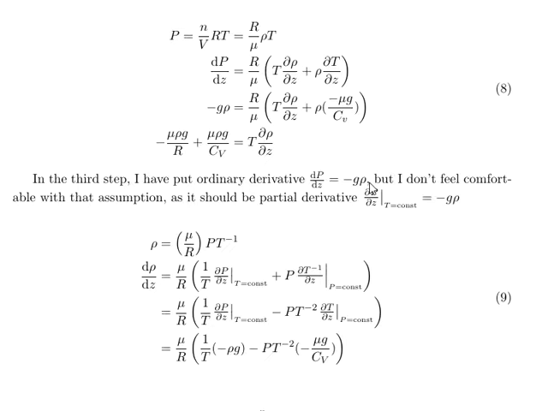We should actually expect that for any given height z, the pressure will change in a manner proportional to the gravitational field at that height times the density at that height.